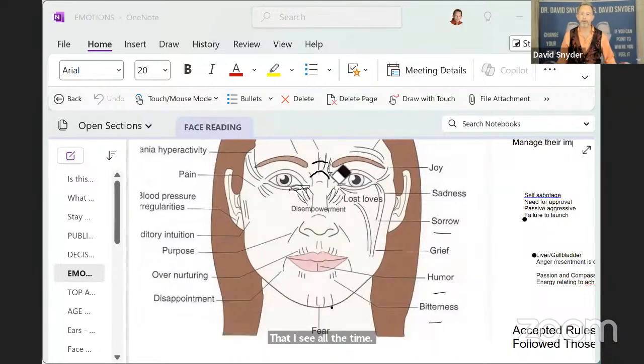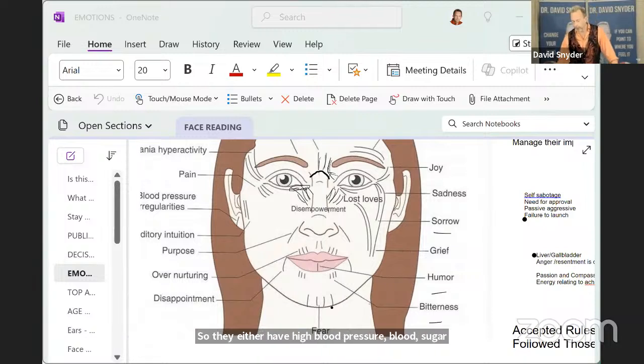When you're seeing a line that's lower on the eye, right here, what you're looking at is somebody who is prone to one of several things, or both. It's usually some form of blood sugar issue. They either have high blood sugar, low blood sugar, or erratic blood sugar.